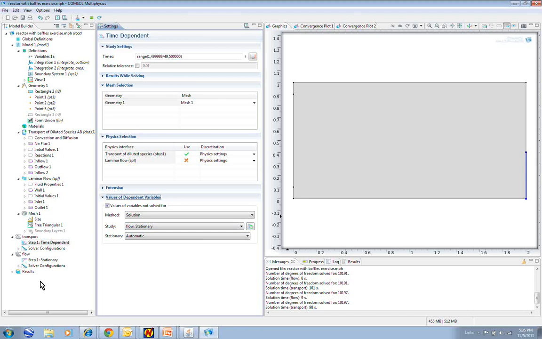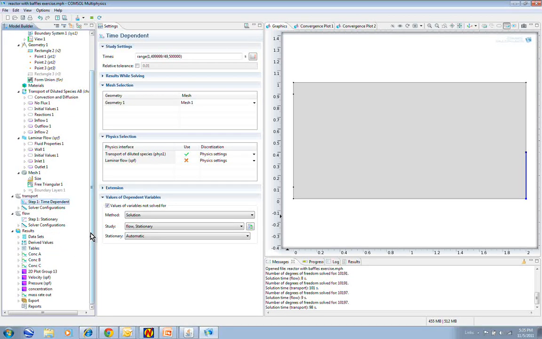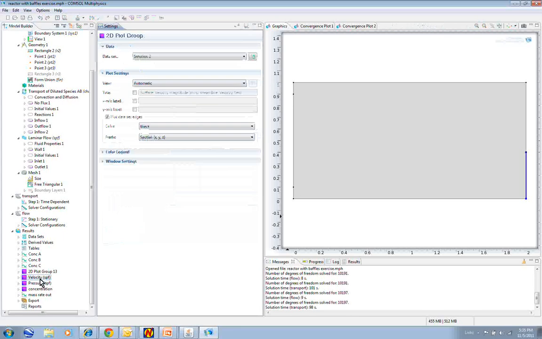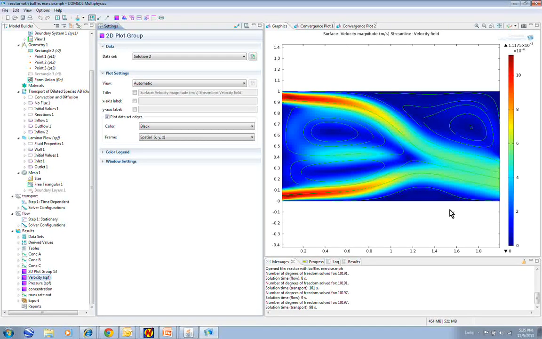Okay, so fair enough, we ran this. First of all, I ran the flow, then I ran the transport, and we can take a look at the results that we got. So there's the velocity distribution, and we see that we have these streams that we're injecting, and they merge together right here, and we've got an eddy here, one here, and one here.